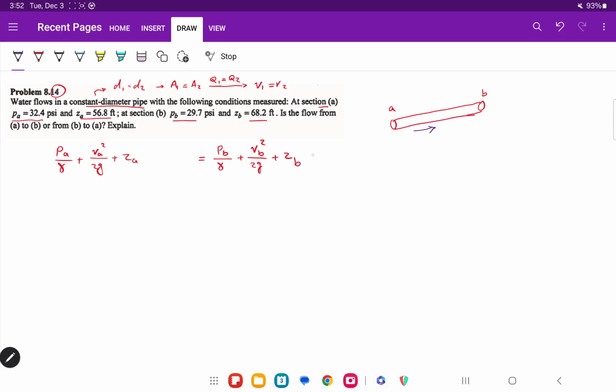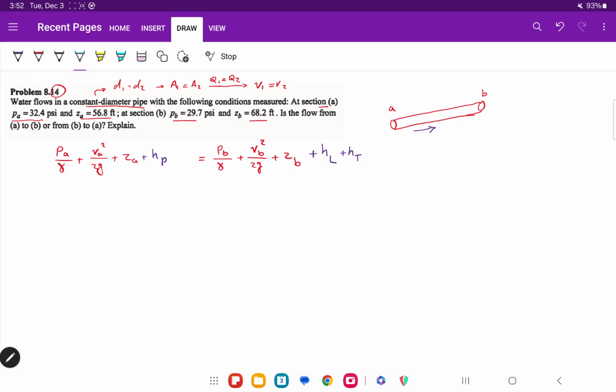Why? Because we should place HL, the head loss, at the destination side, the right hand side. And of course, if we have a turbine, we should place it here, and if we have a pump, we should place it at the left hand side.